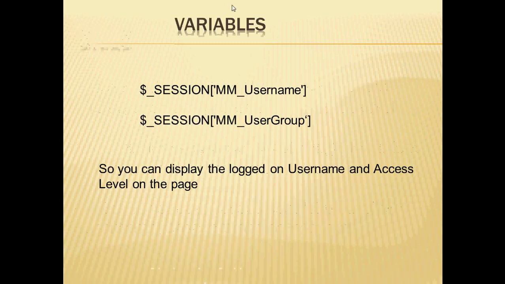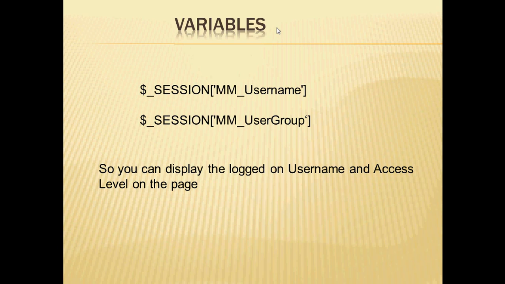Now here come 2 important variables. $_SESSION['MM_Username'] stores the username, and $_SESSION['MM_UserGroup'] stores the access level. So for access to different pages, the user does not have to log in a number of times.